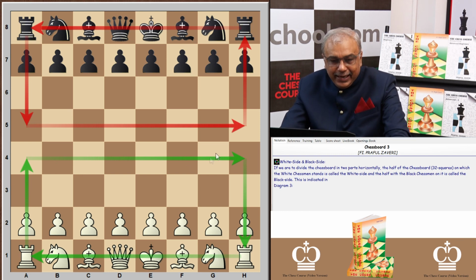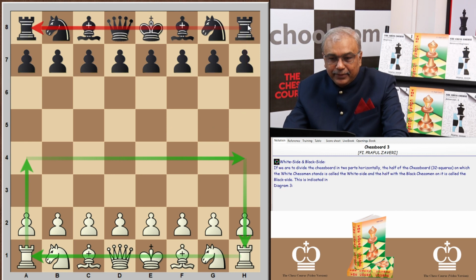So let me indicate this white side with a green color. You can see these 32 squares demarcate the area for white. It means it belongs to the player with the white side. It's in control of the player of the white side. And the next 32 where the black army is sitting is referred to as the black side.